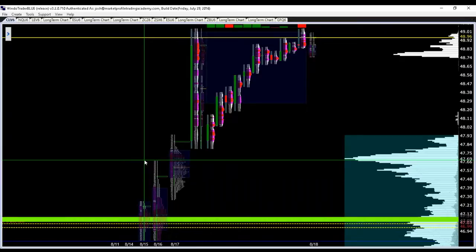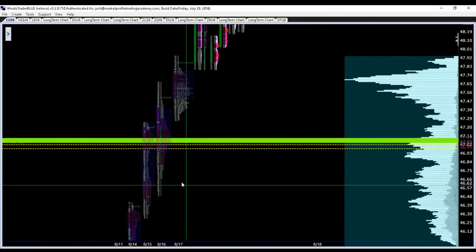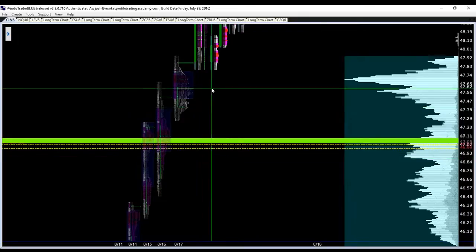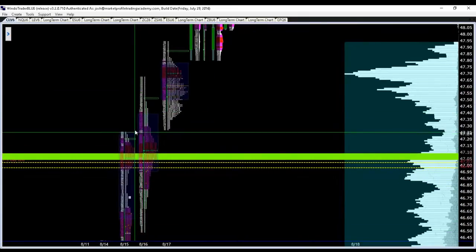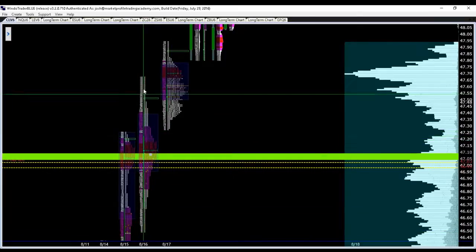When that happens, then I'm trying to figure out, okay, where are we going to go? If the prior day, and this is something to write down, if the prior day is a normal day where we have an initial balance that is not very wide, and we don't extend much past it.